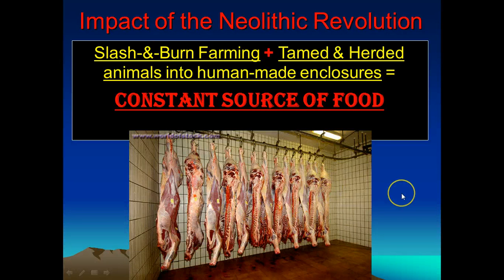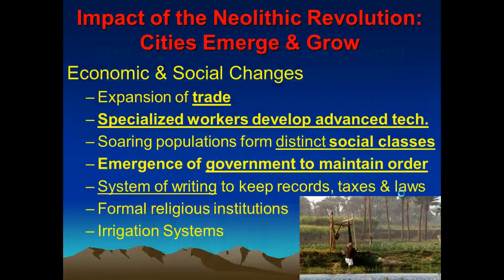Now look at this. All right. So now that man doesn't have to go find his food. Nobody's starving. We got food right here, ready to be made. It changes man. All right. Leads to expansion of trade, development of specialized workers. Now this is really important. As people began to live in the city, social classes began to develop.